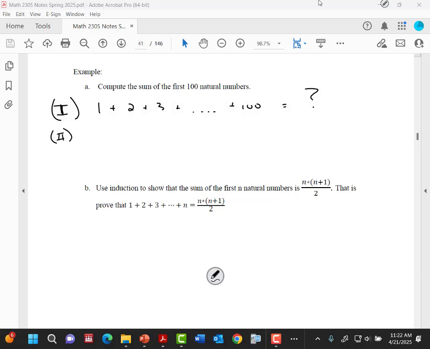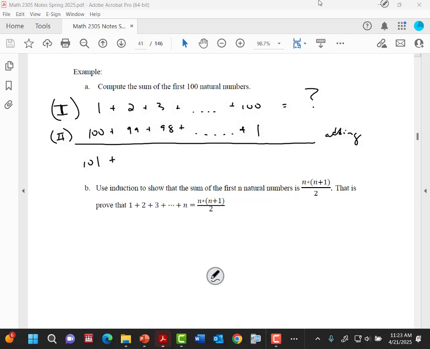I could notice that if I arrange these natural numbers 1 through 100, and then I reorder them, so 100 plus 99 plus 98 all the way back down to 1, and then I added these two together, I would get 1 plus 100 is 101, plus 2 plus 99 is 101, plus 3 plus 98 is 101.